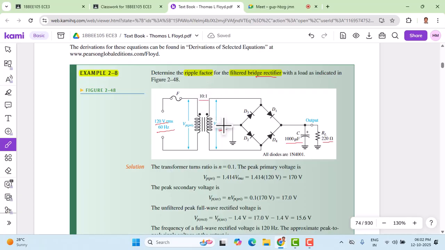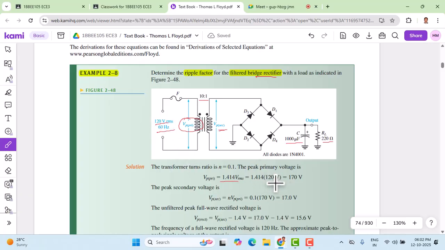And before that, let me calculate the peak voltage of the primary. Since it is an RMS value, we can use the RMS formula to calculate the peak voltage of the primary. To calculate this voltage, we use the formula 1.414 times the RMS voltage. This 120 volts is the RMS voltage.